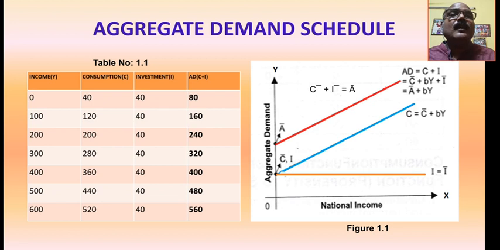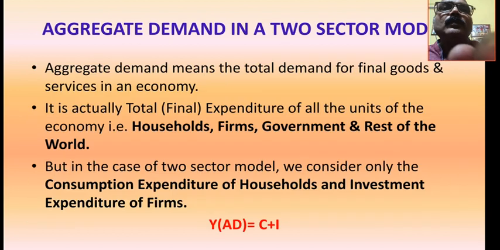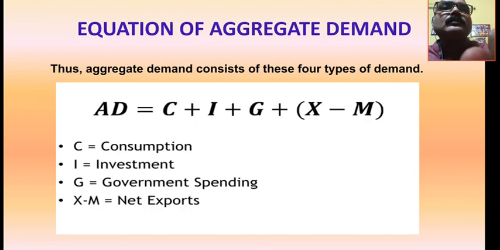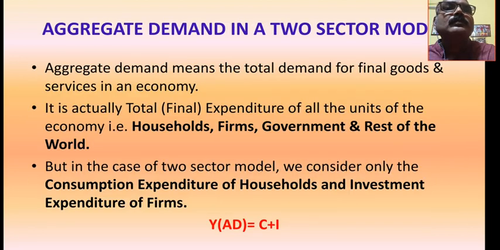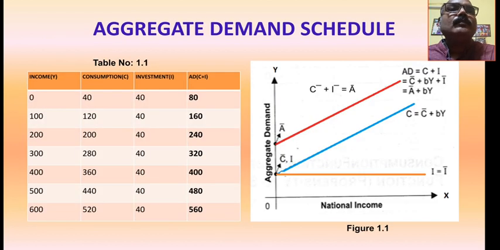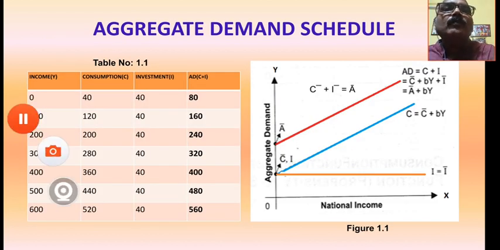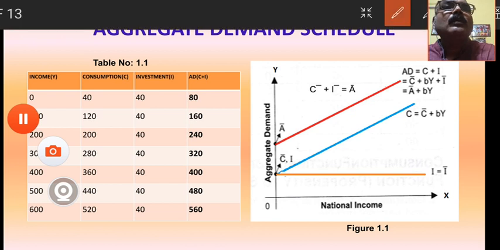Now see this, that is a table. So here, this table shows the different levels of income and your consumption and investment.